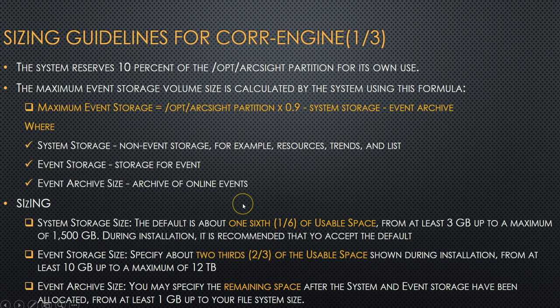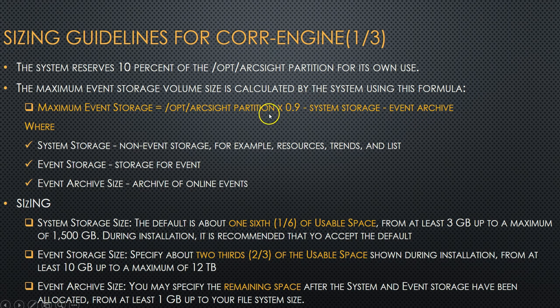So basically you have the /opt/arcsight partition. If we remove 10%, it becomes multiplied by 0.9, which is the usable space. 1/6 of the usable space is taken for the system storage, and 2/3 is taken for the event storage, and the remainder will be the event archive.